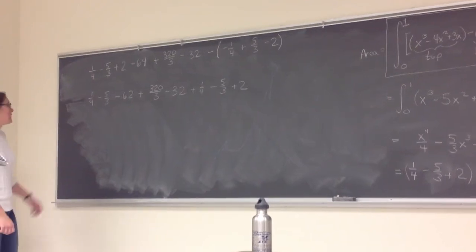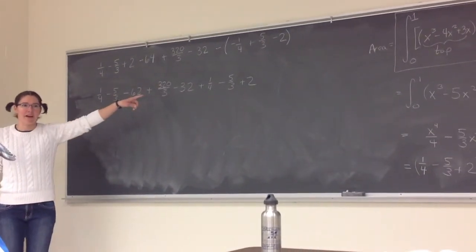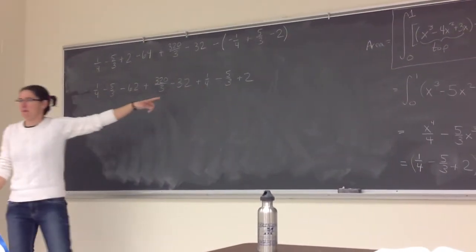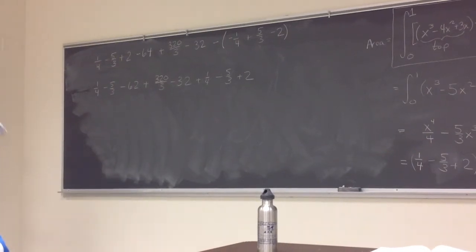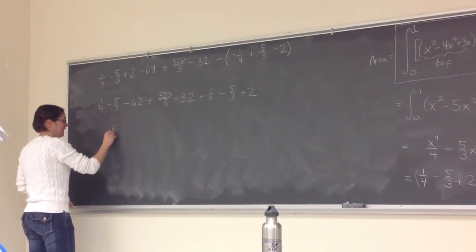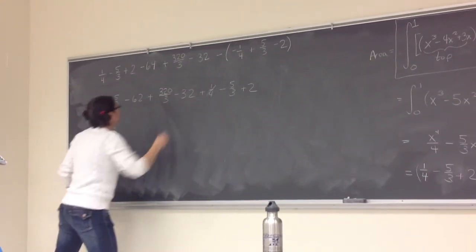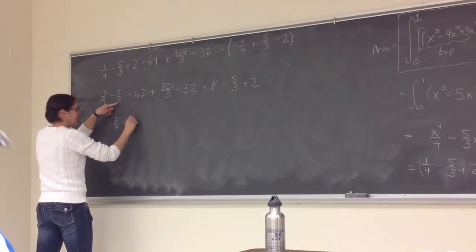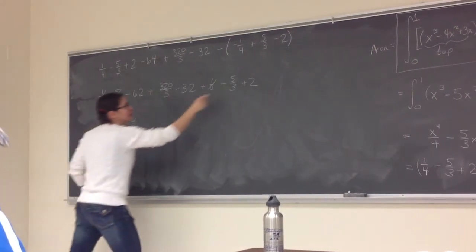And I'm a little bit sad because I was really hoping the quarter would cancel this quarter and I wouldn't have to worry about them, but they don't. They get added together. So, alright, so what do we have here? We've got 2 quarters. We've got minus 10/3.